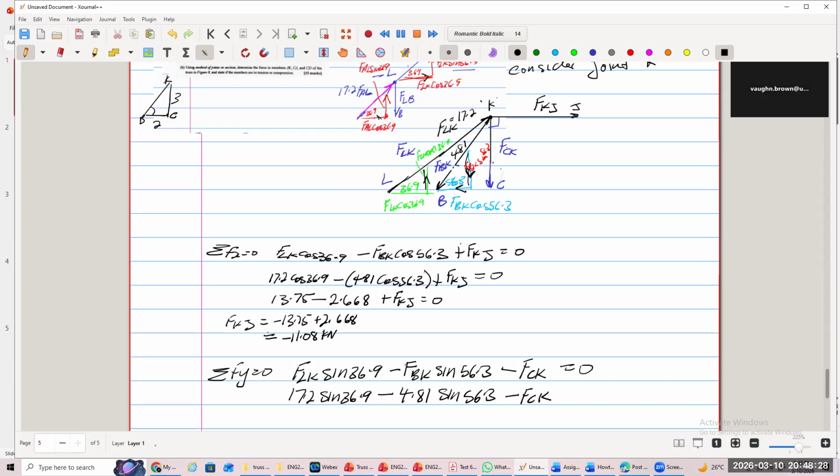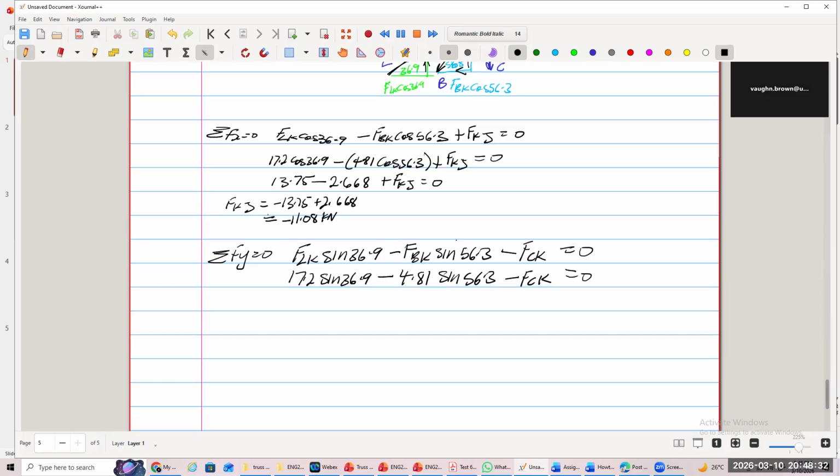So all we have to do is carry CK to the other side and work it out. So F_CK on one side and work out the others. We have 10.33 minus 10.33 kilonewtons.